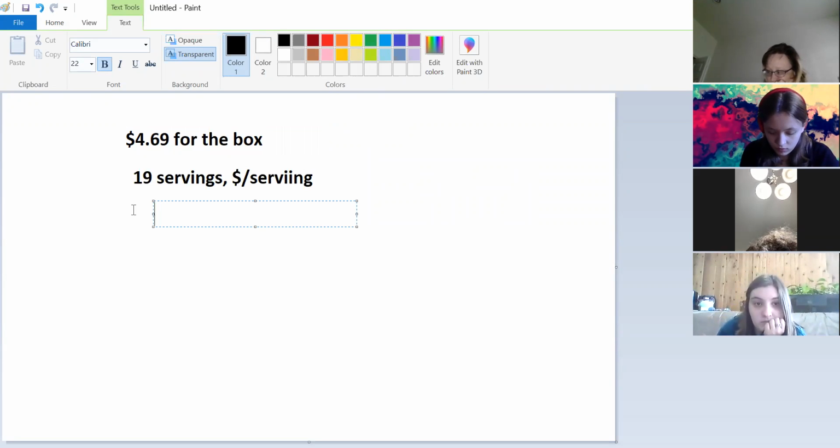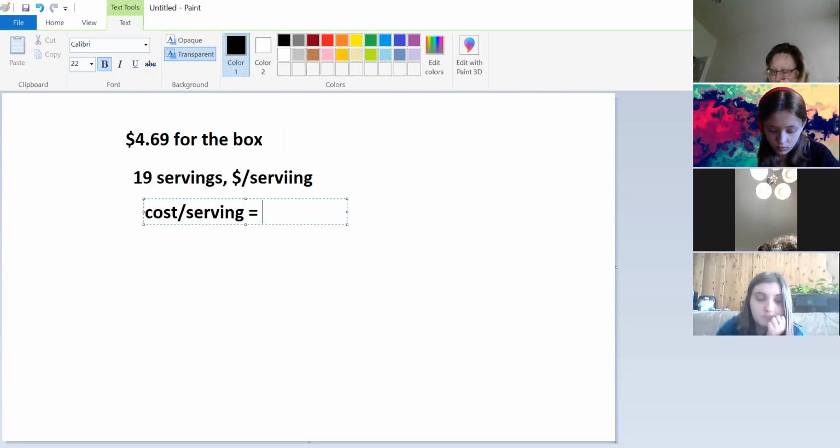That's what you're trying to find. Just by writing it out, this helps you figure out what you're gonna multiply or divide. That's why I'm doing it this way. So it's $4.69 per 19 servings, right?